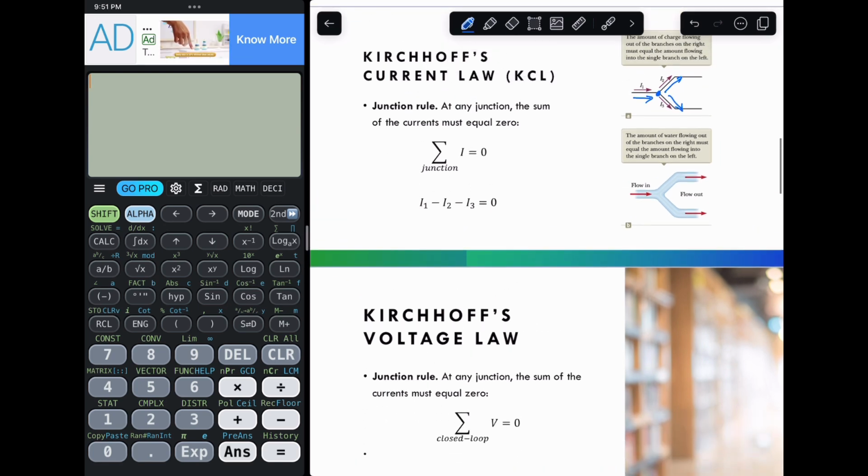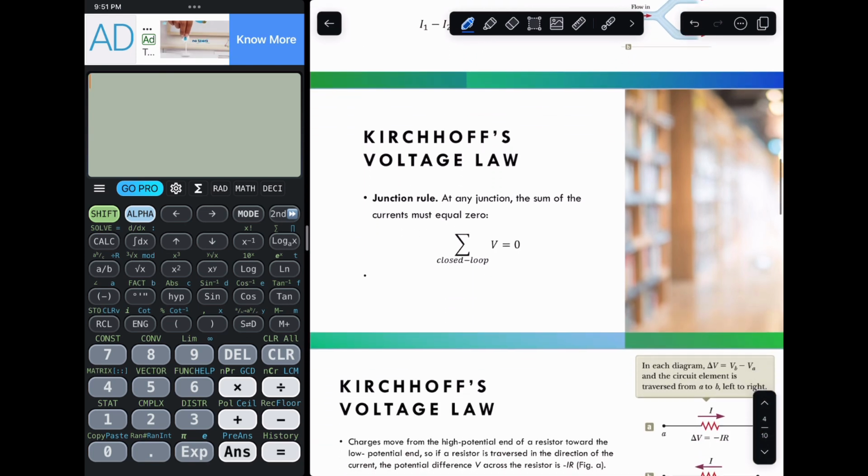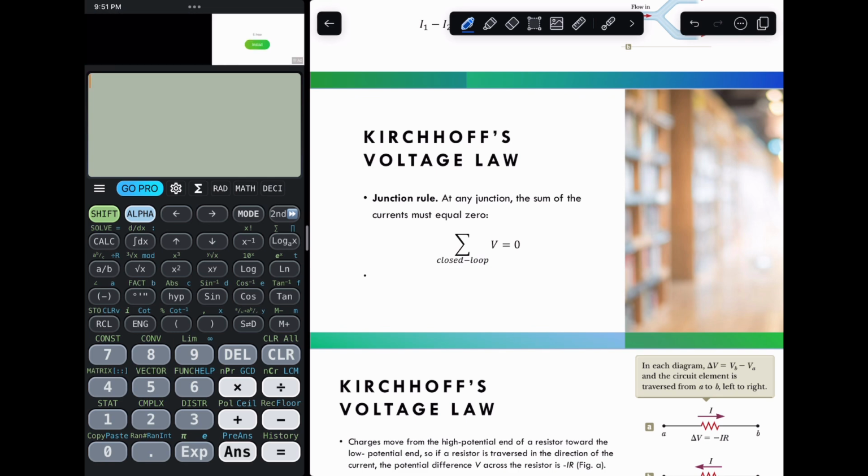Kirchhoff's current law is always used in finding the current at a given branch. While Kirchhoff's voltage law is used for a given loop. When we say loop, we start on a given component or element, and then we end with that element as well.